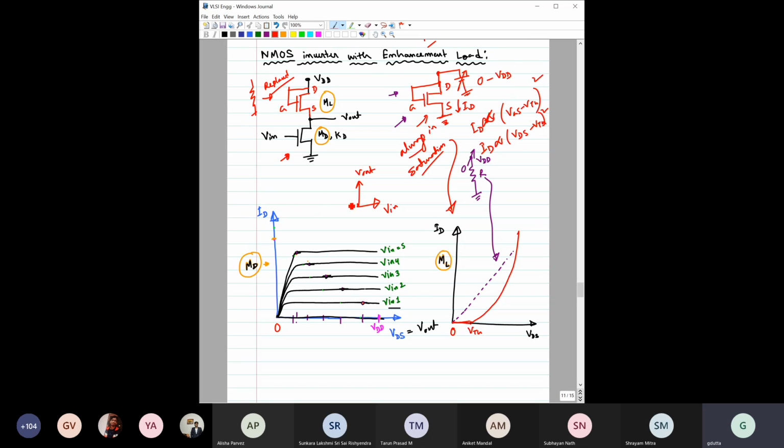Our goal is to find the VTC. VDS of ML is equal to VDD minus VDS of MD. So we can transform the axis. Please suggest how.